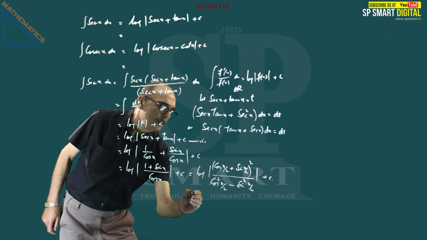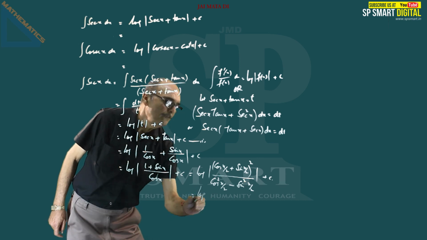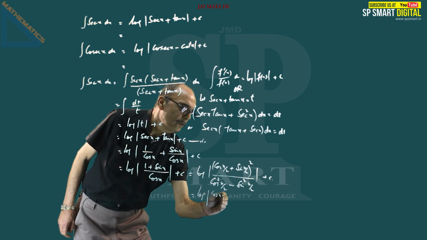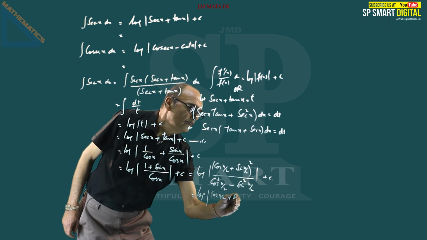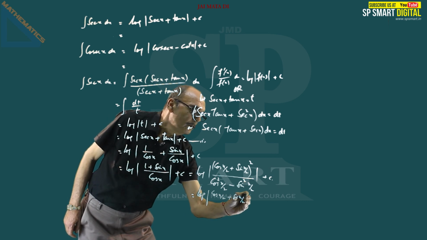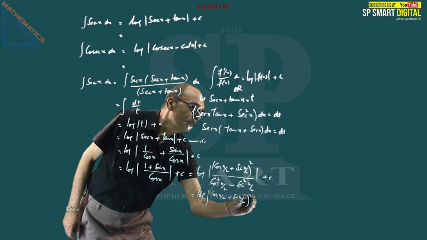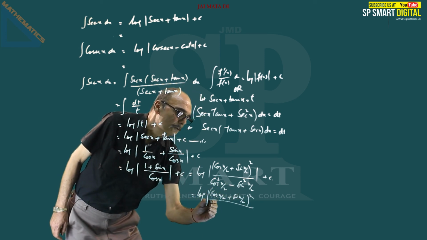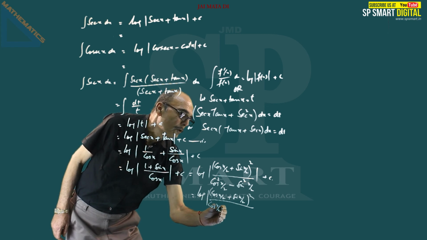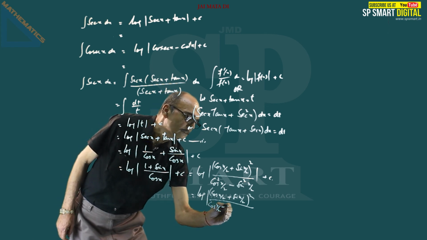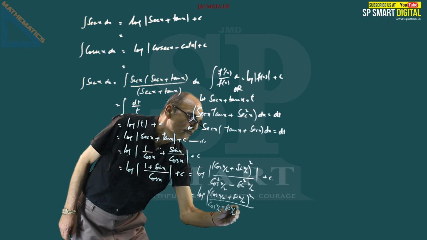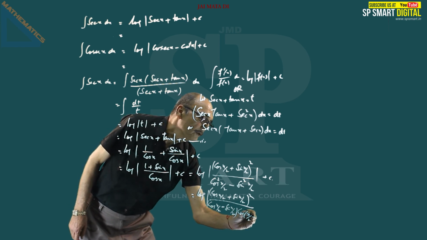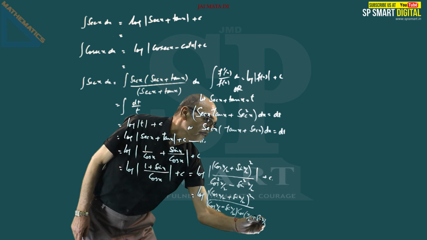Now, further we can write this as log of cos x by 2 plus sin of x by 2, squared, divided by the difference of two squares, cos of x by 2 minus sin of x by 2 and cos of x by 2 plus sin of x by 2.